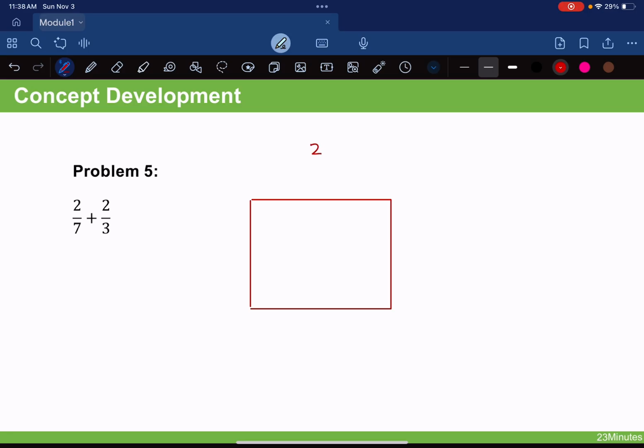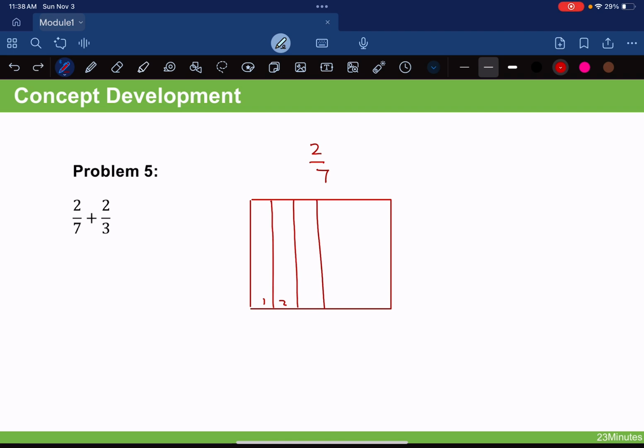So this one is 2/7. So I have a total of 7 parts because my denominator is 7. I like to come here and count as I do it so I can cut and say now I've got 1, 2 parts. I cut and I've got 3, 4. I'm counting this as 4.